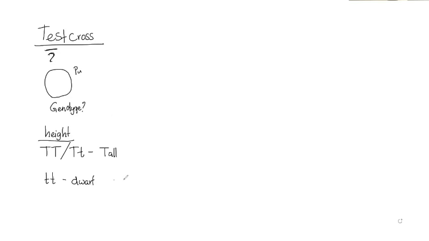If the plant that was given to us is short or dwarf, then we can directly predict that the genotype must be small t small t, because we get dwarf plants only if the genotype is homozygous recessive.